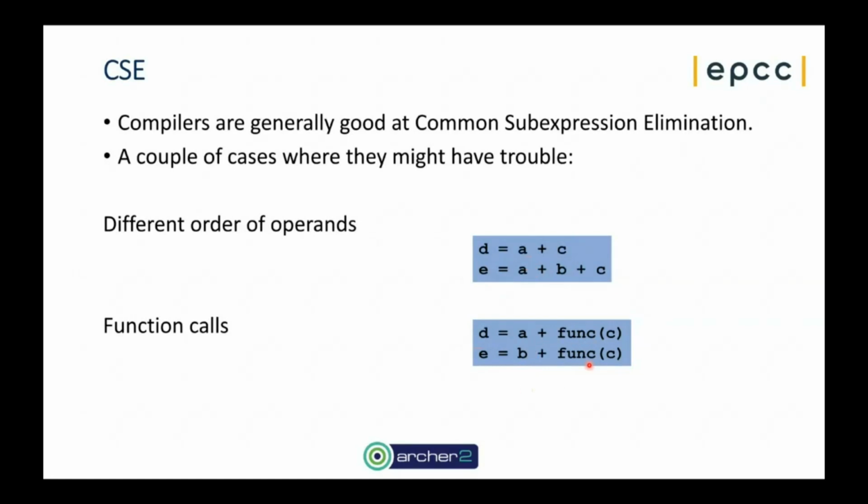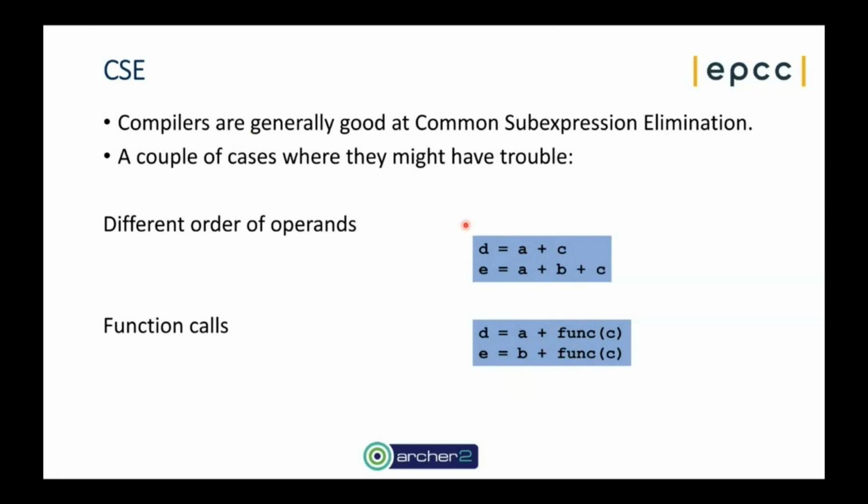And it also finds it hard to do this common sub-expression removal for things like the return value of a function, because if it's running in this black box mode where it's not looking across all the code, it doesn't know what that function is doing. So it doesn't know whether this function will produce the same output if you run it twice or not. Whereas you as a programmer maybe do know that if I run this function and pass it C, it will always get the same value. So I only need to do that once.